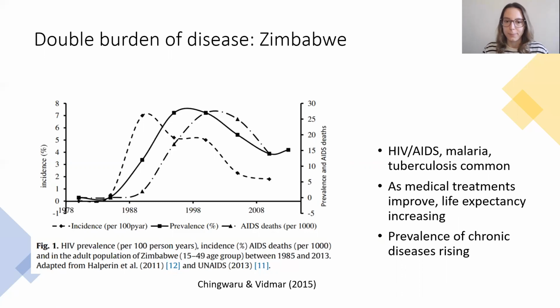And so many of them were living longer before they progressed to the AIDS stage that is associated with high death. As you can imagine, the medical treatments really helped to improve life expectancy and to reduce the burden of that particular disease. Now, at the same time, levels of chronic diseases have been rising in more recent years.